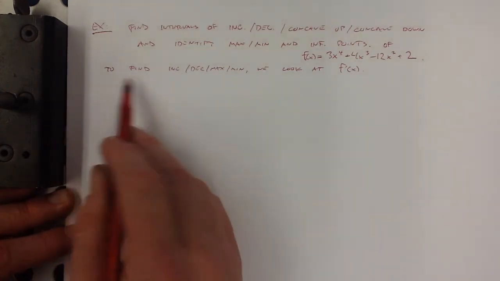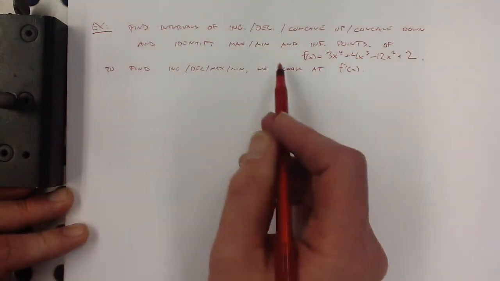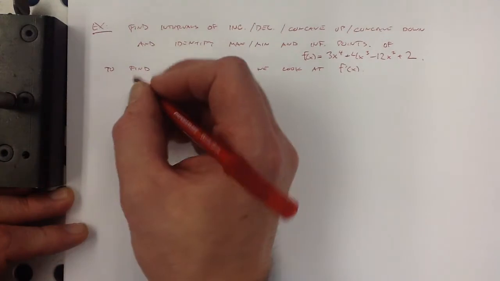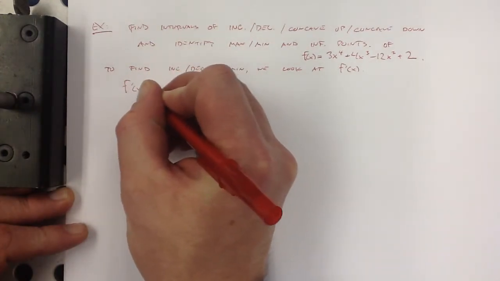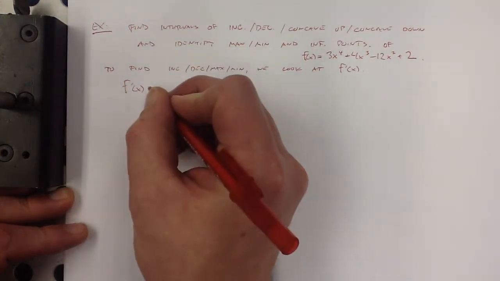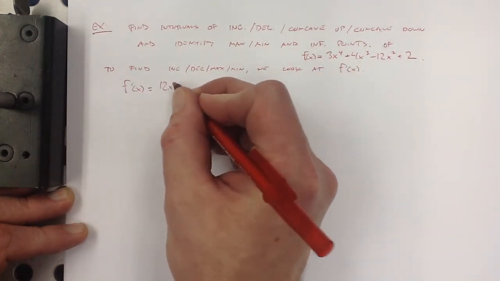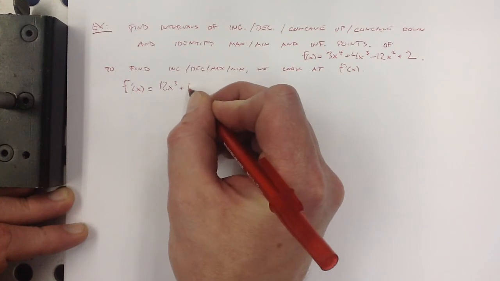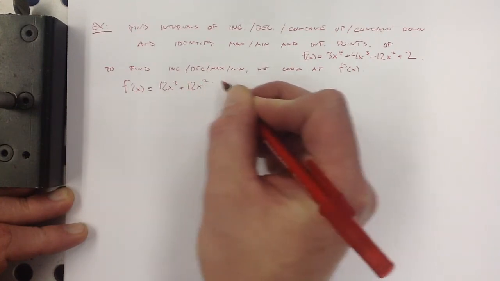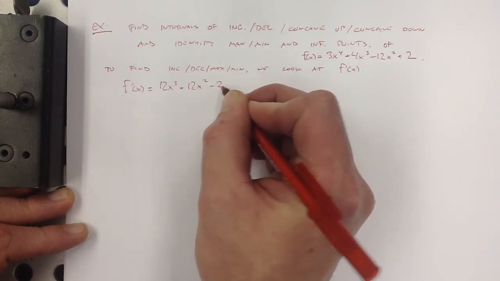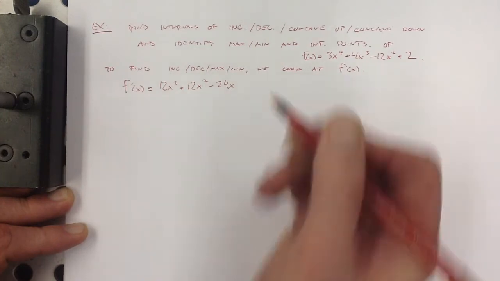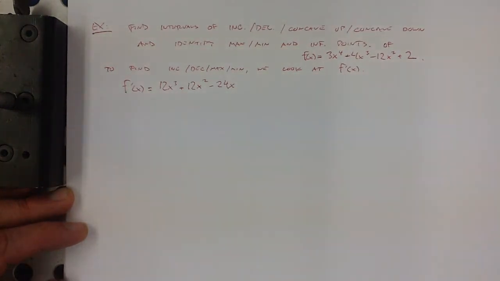Okay, so again, to find increasing, decreasing, maximums and minimums, we look at the first derivative. So the first derivative would be 12x cubed plus 12x squared minus 24x. Right?